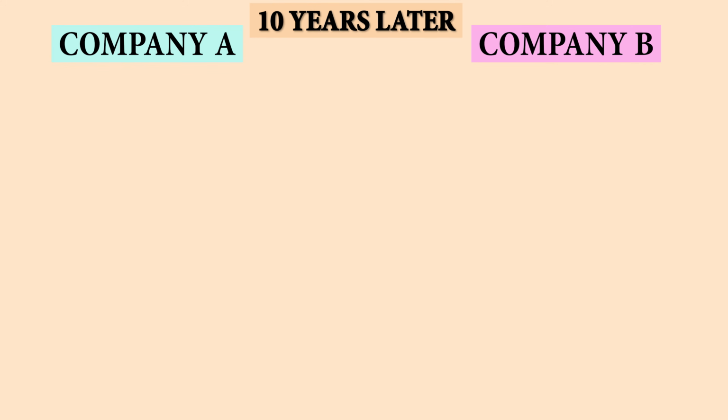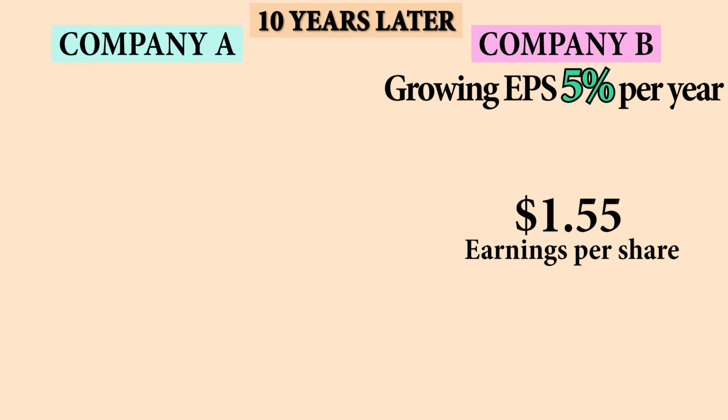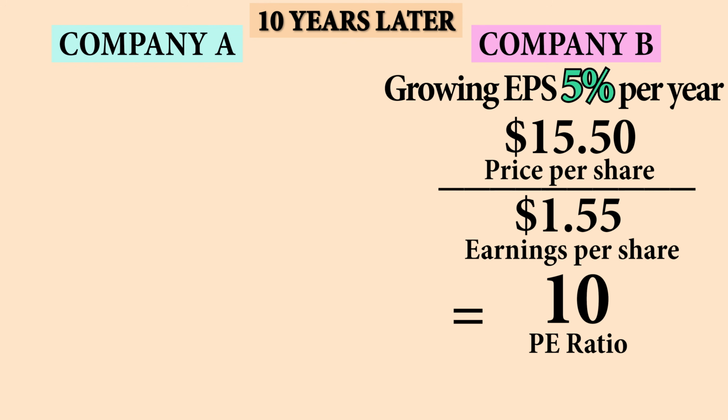So 10 years later, Company B, which has been growing its earnings per share at 5% per year, now earns $1.55 per share. If it's still trading for 10 times its earnings, a PE ratio of 10, then Company B's price per share would be sitting at $15.50 after those 10 years.